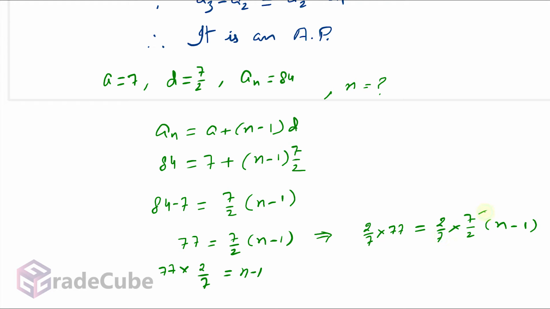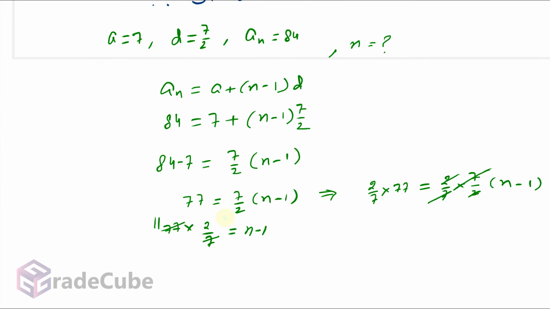This will cancel out and the resultant will be the same. So this is the direct approach. This is a detailed approach. You may also choose the detailed approach, but I'm going with the simple approach. Here 7 cancels out the 77 by 11. So it becomes 11 into 2, 22 equal to n minus 1.